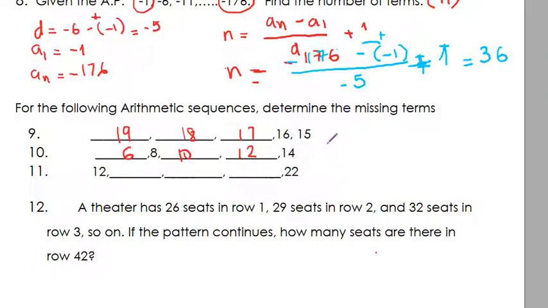Alright, number 11. Arithmetic sequence. This is A sub 1. Good. This is A sub 5. Right, good. Okay, how do you find D?